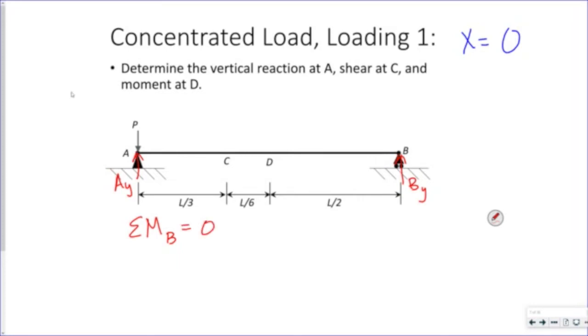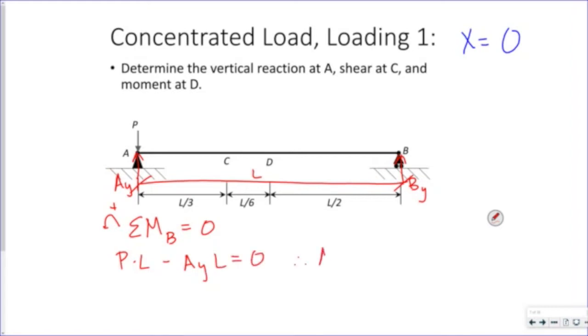The only loads I have are P acting at a distance from B, L, right? This whole distance is L. P times L acting counterclockwise, so that's positive. And then AY acting at a distance L. So my reaction at A is equal to P.